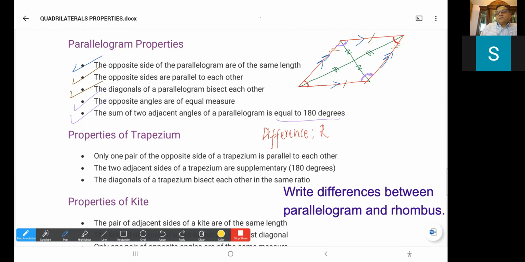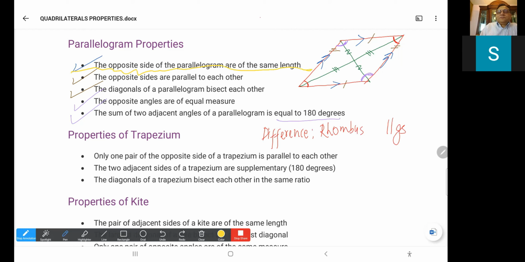So what is the difference? All equal sides in a rhombus. Do you see that? Rhombus has all equal sides. Here, only opposite sides are equal, right? I already said that.